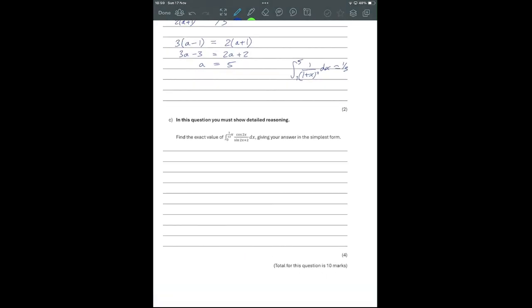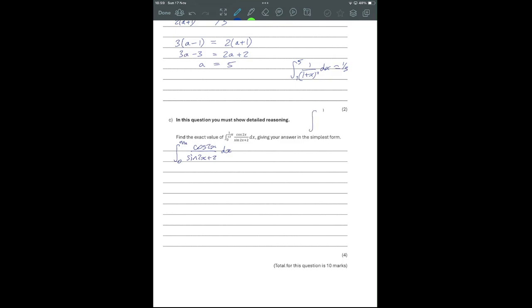Final part of the question, part C. Find the exact value of that. Now there's actually many techniques for questions like this. You could do a substitution. That will work. Turns out there's a really nice trick for this one, and that's by observing that the numerator looks very similar to the derivative of the denominator.